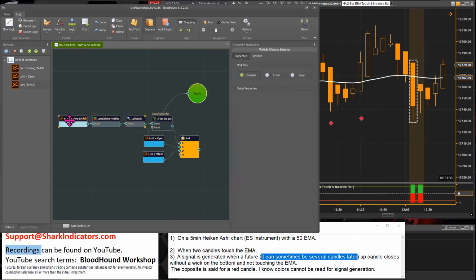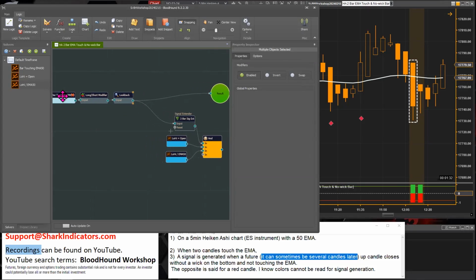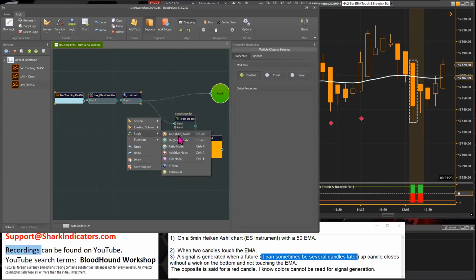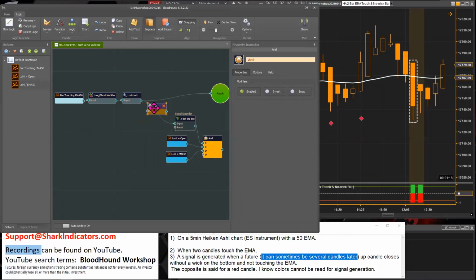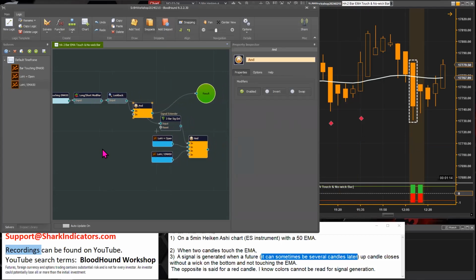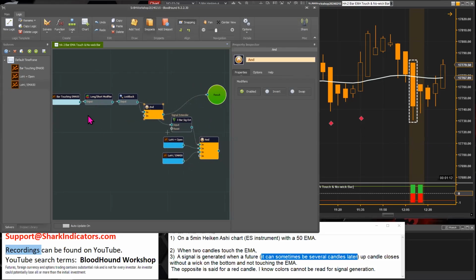So really, we need to take this output here and better filter it. And yeah, so we can add an AND node, and then connect that in there.